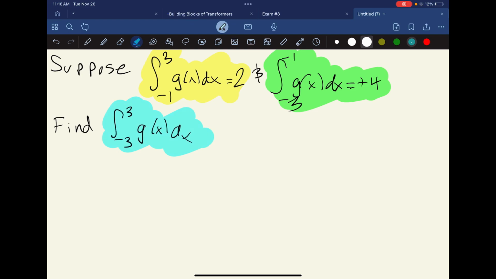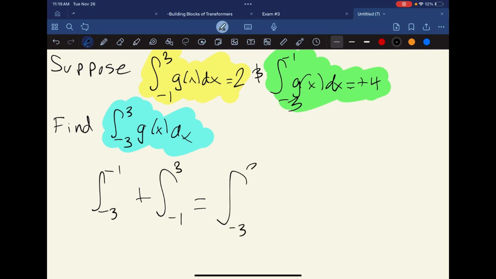Okay. So now we need to say, we're trying to build this -3 to 3 integral. So if we take -3 to -1 and we add to it -1 to 3, then we get -3 to 3, right?